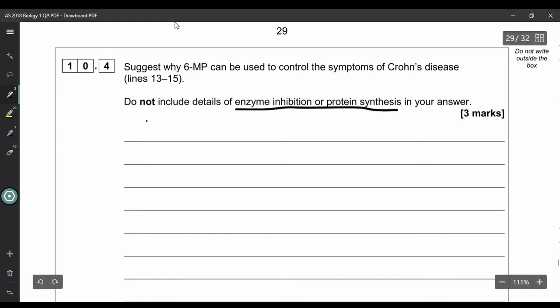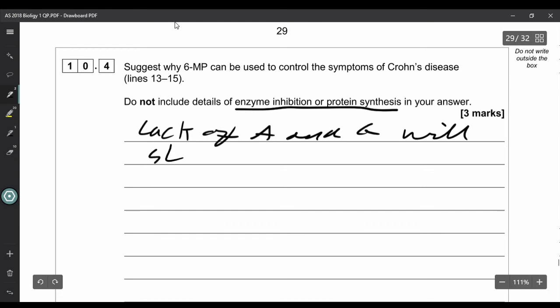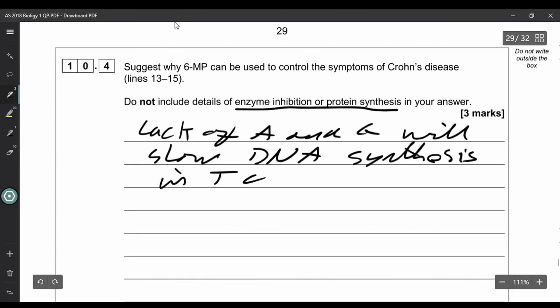So we can say that a lack of A and G will slow DNA synthesis in T cells.